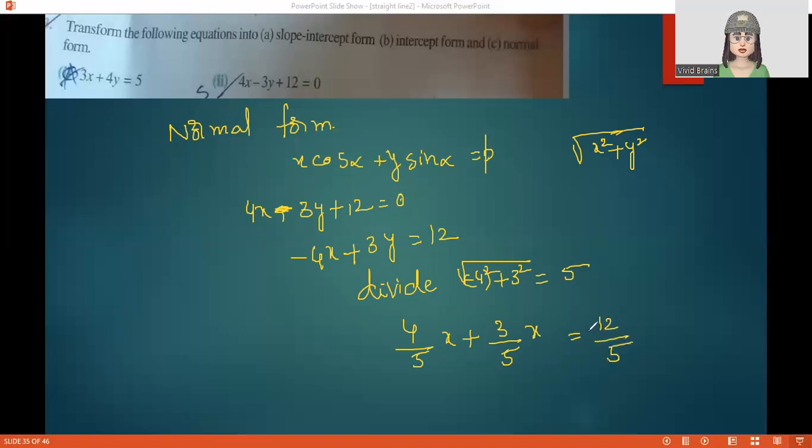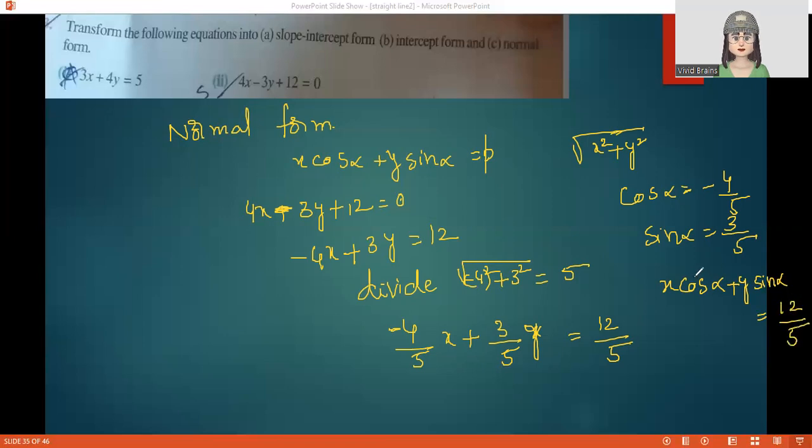So cos alpha is equal to minus 4 upon 5, sin alpha is equal to 3 upon 5. So x cos alpha plus y sin alpha is equal to 12 upon 5. This is our final equation.